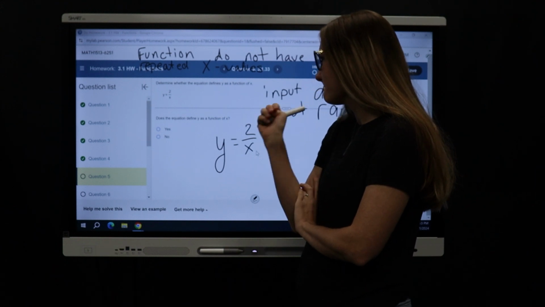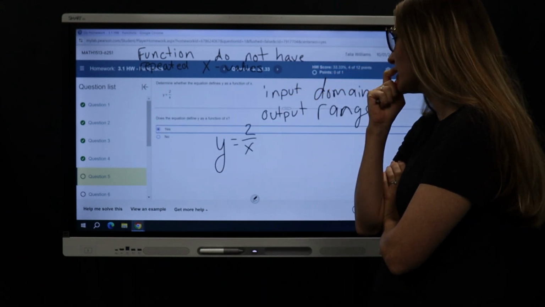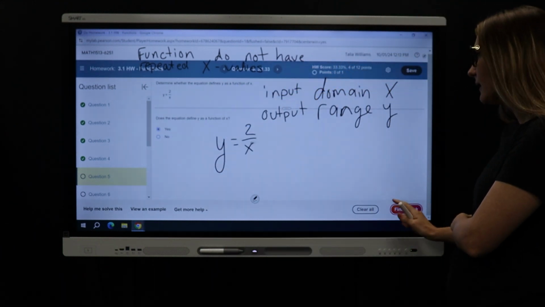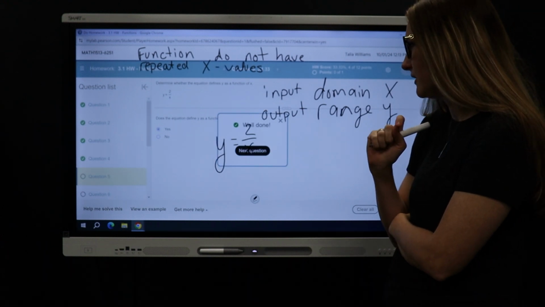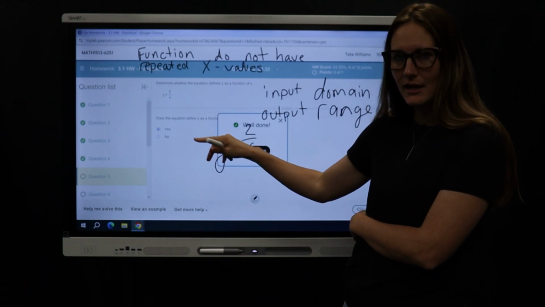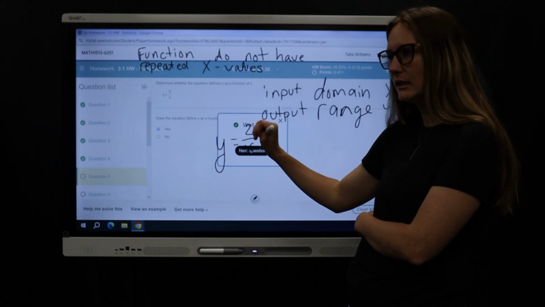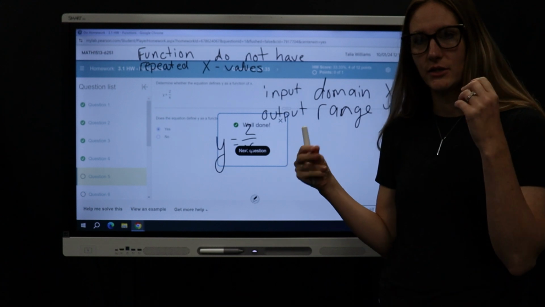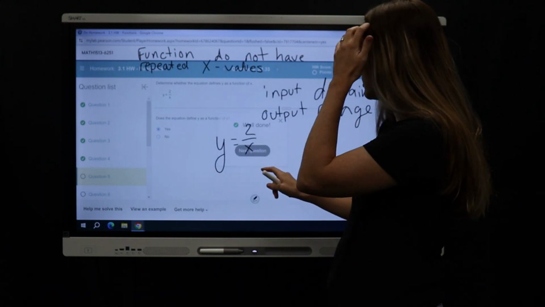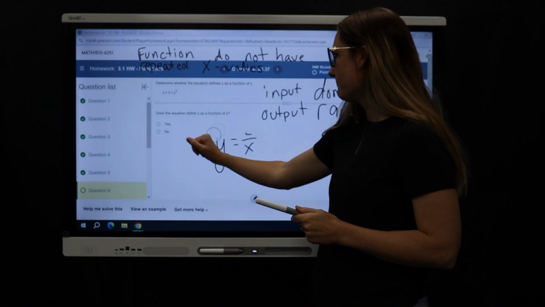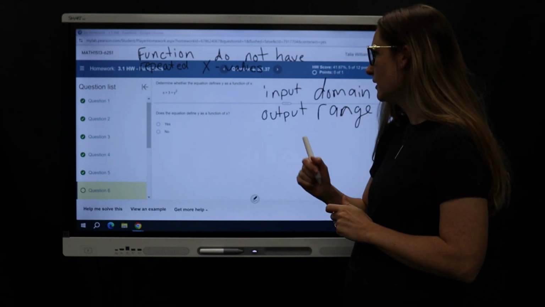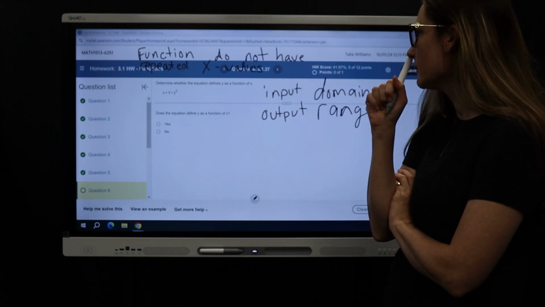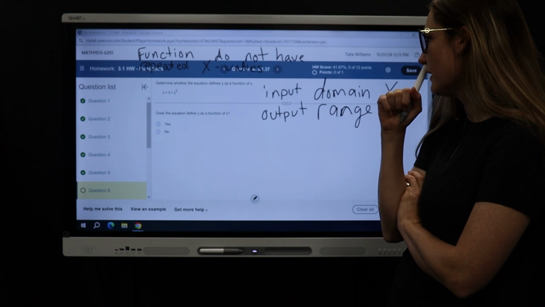I'm trying to think the best way to, if you can write it y equals, it's a function. Like, it can't be y squared, it can't be y cubed. Like, a circle is not a function because it has y squared. We just did circles, so I feel like I can say that. This one right here, determine whether the equation defines y as a function of x.